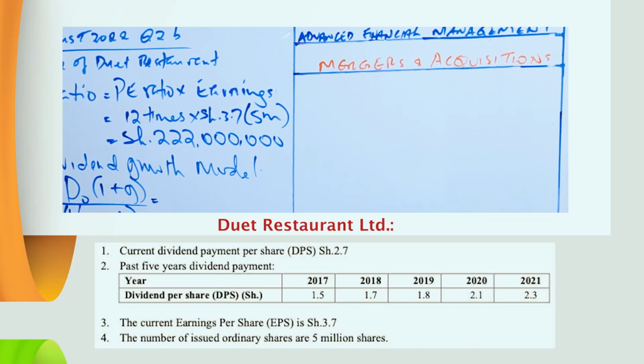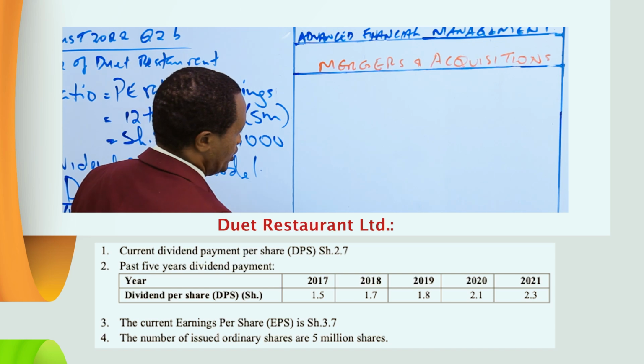In note number 3, we read the current earnings per share is 3.7. Under Duet Restaurant, the current dividend payment is 2.7. We do not have the growth rate.